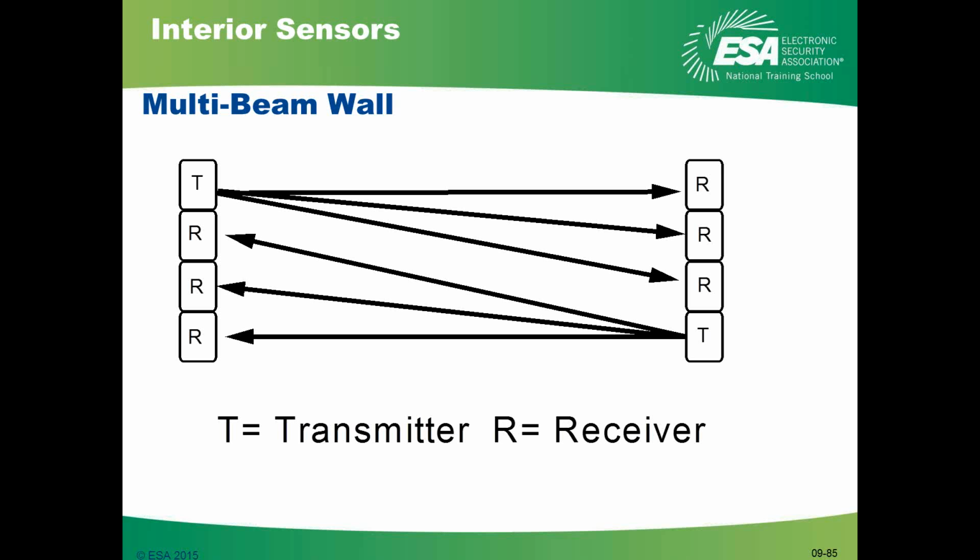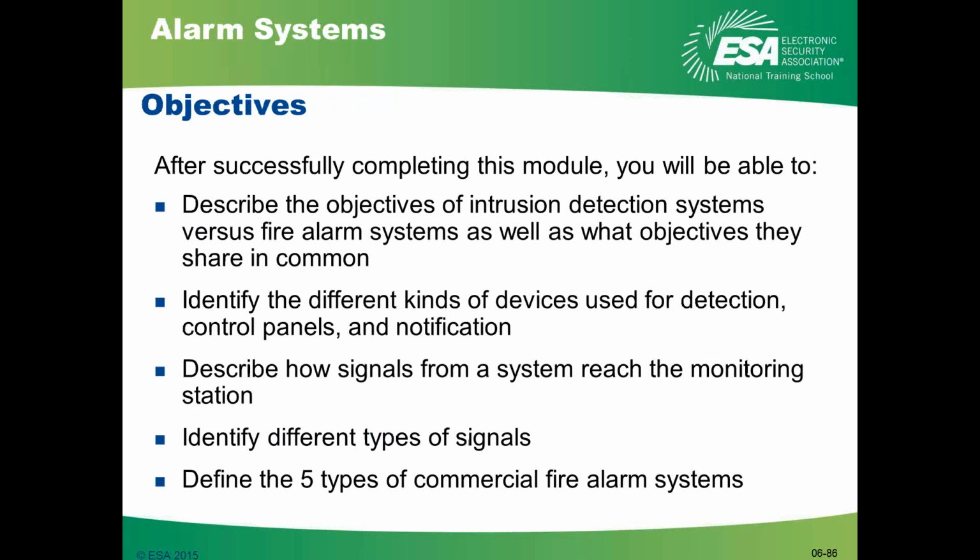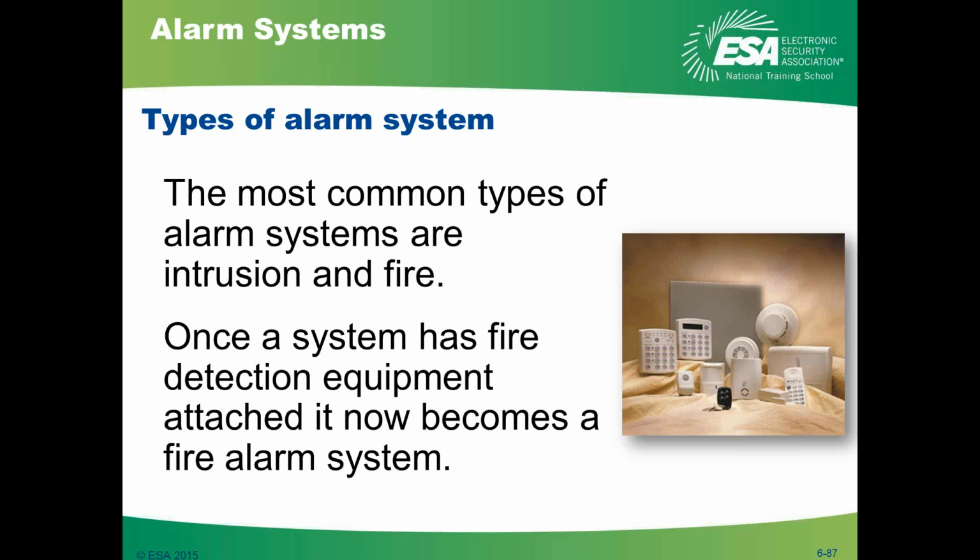Let's go to alarm systems. One of the changes you'll see here is we removed the statistical information. But the objectives pretty much stay the same here, except we're talking about the types of system, the most common.